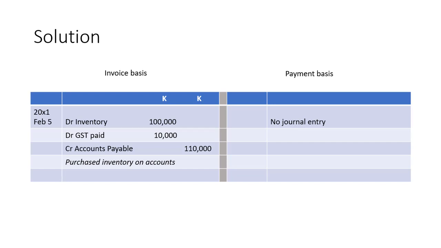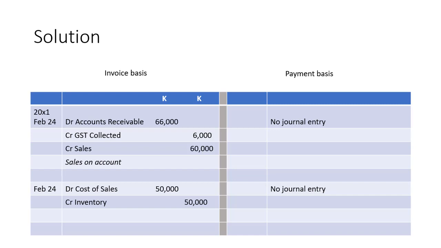The actual cost of inventory will be 100,000 kina, but the GST paid is 10,000 kina, which is 10% of the cost of the inventory. But if you compare it with payment basis, there is no journal entry because there will be no amount paid on this transaction. So you can only recognize GST when paid under the payment basis.